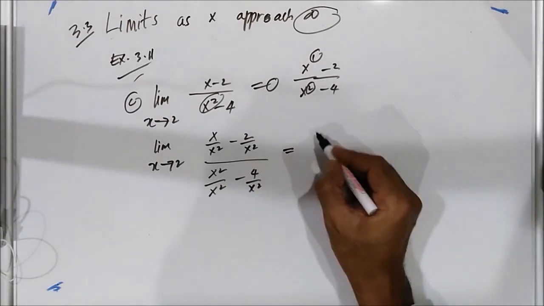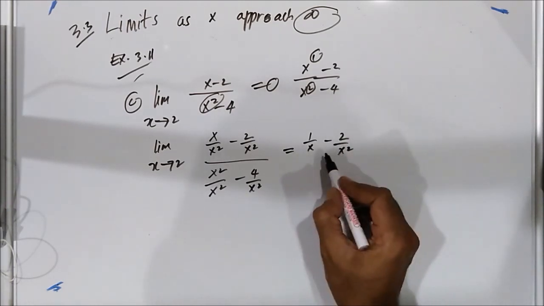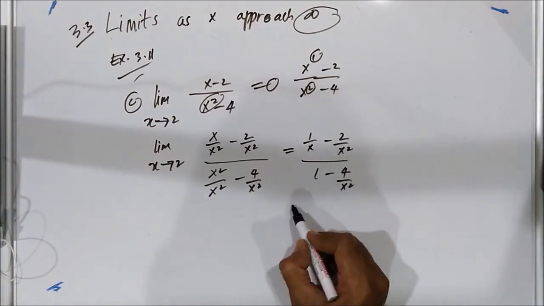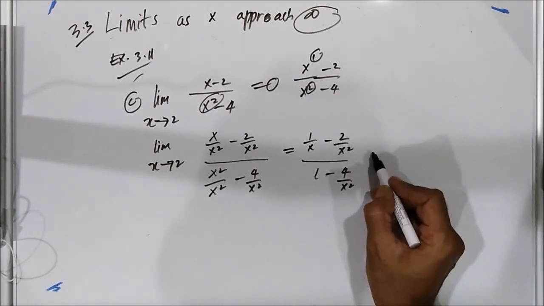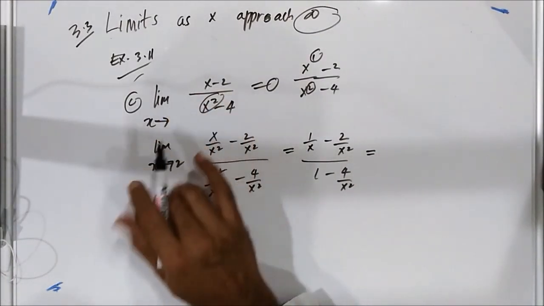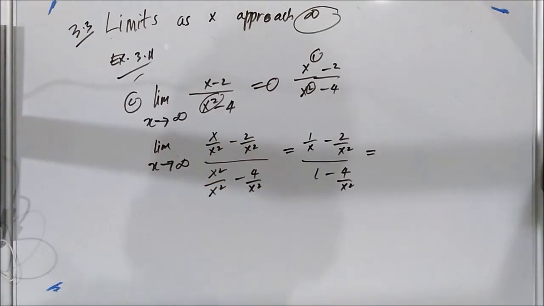So this is equal to 1 over x minus 2 over x squared, over 1 minus 4 over x squared. If you substitute x approaching, sorry, approaching infinity here.